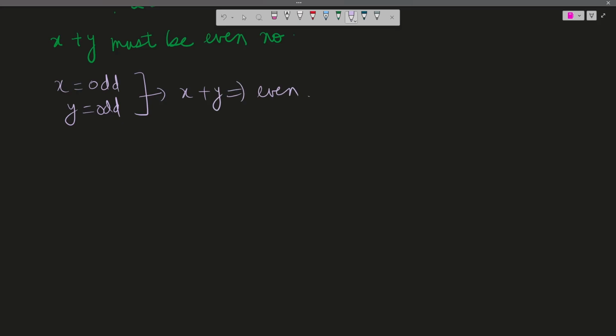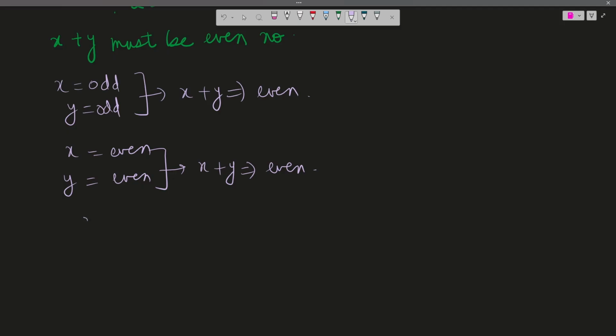And if x is even and y is even, then also x plus y will be an even number. So irrespective of which case we take, we get x plus y and x minus y in both cases as even numbers.